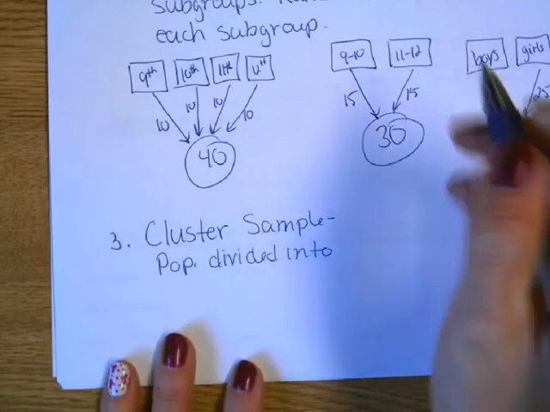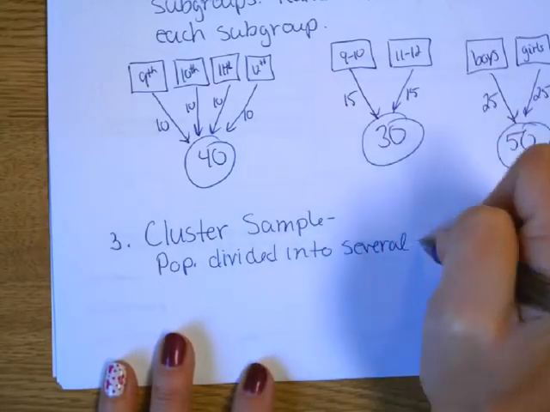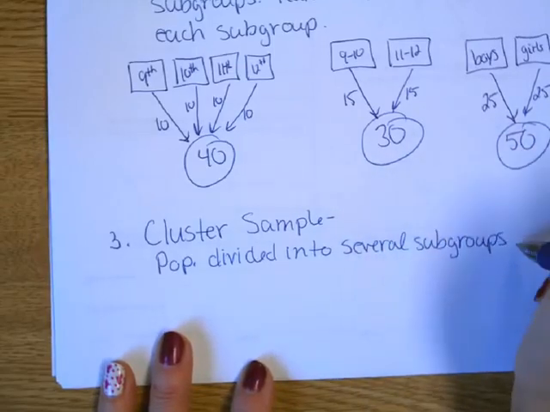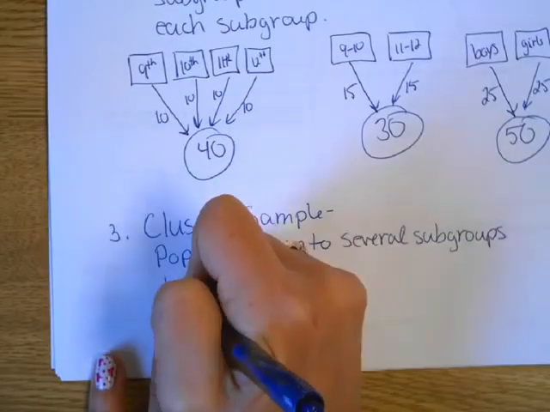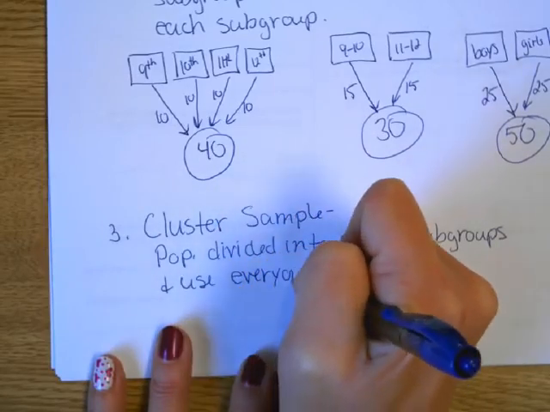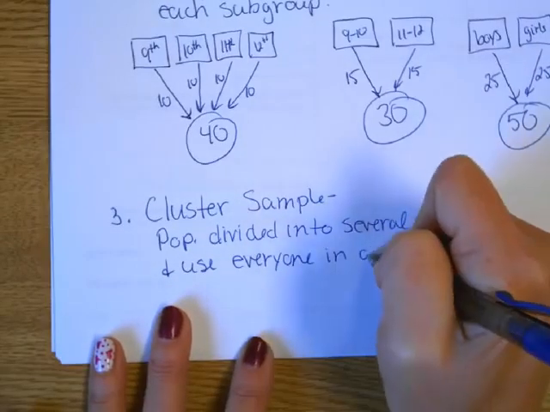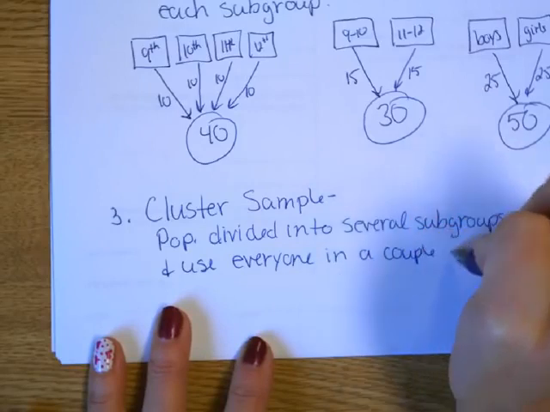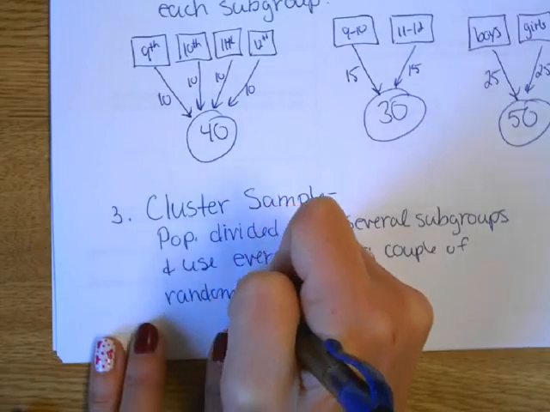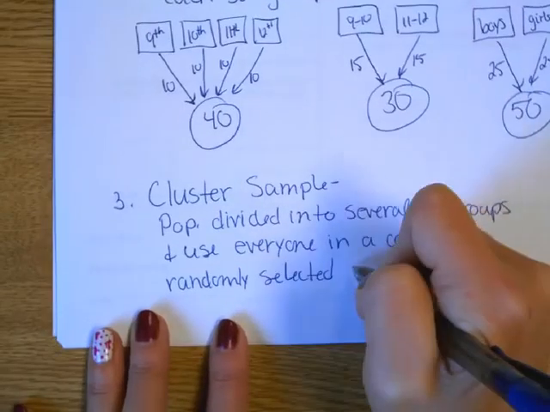It's usually more than 2 subgroups, several. And then you use everyone in a couple of randomly selected subgroups.